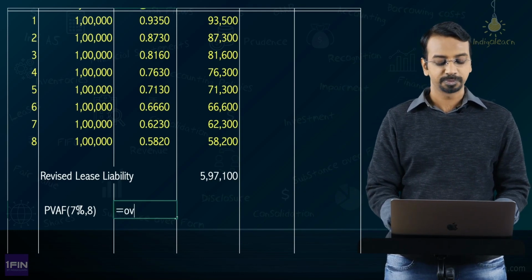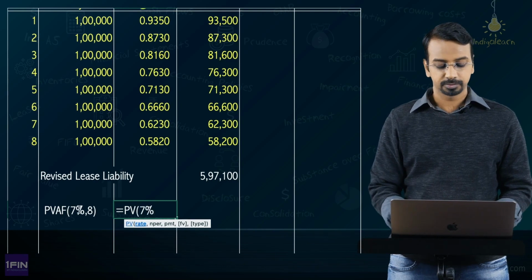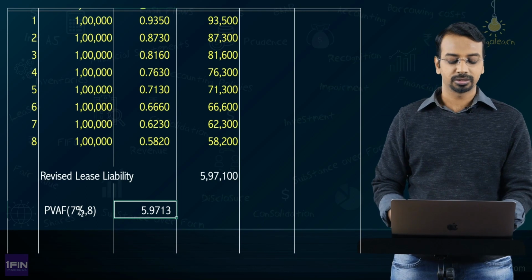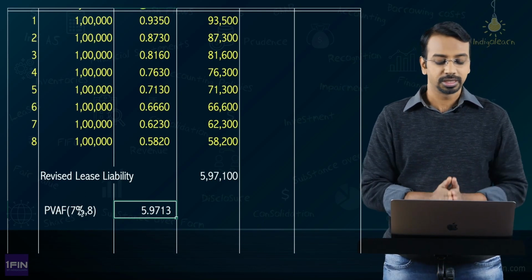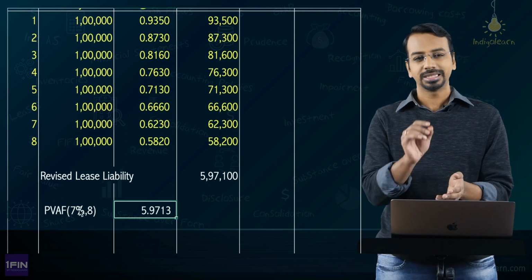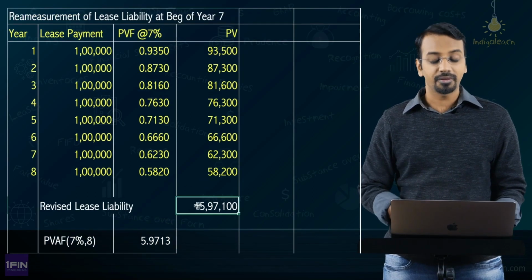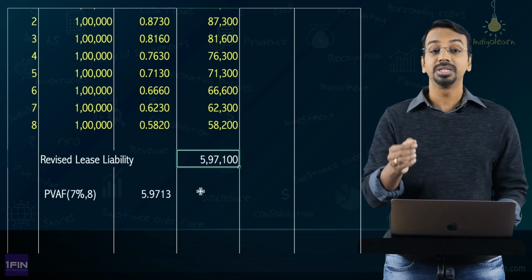So you can directly take the present value annuity factor of 7% for 8 years, you get 5.9713. If you round it off, you get 5.971. That is the number you get on the screen. What is important is you should know how to calculate. Rounding of decimals here and there will not make a difference. This is the revised lease liability at the beginning of year 7.